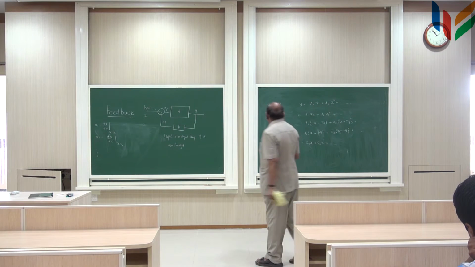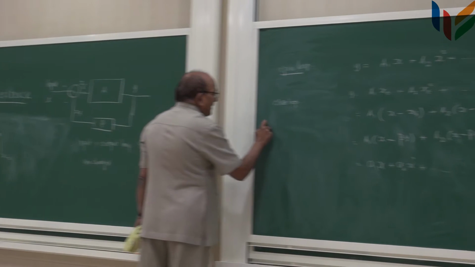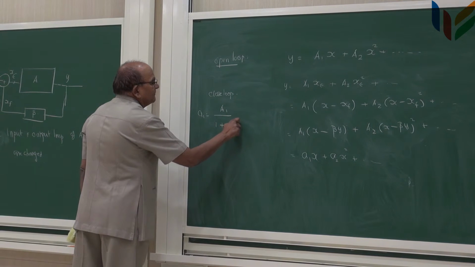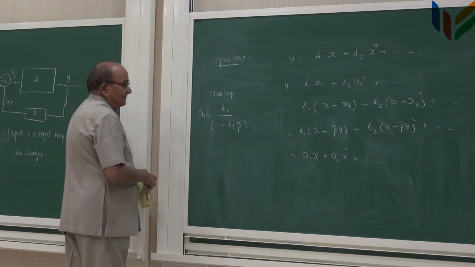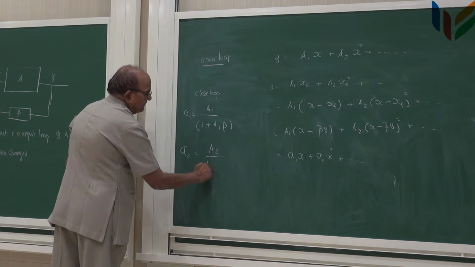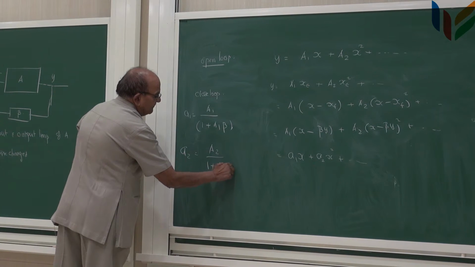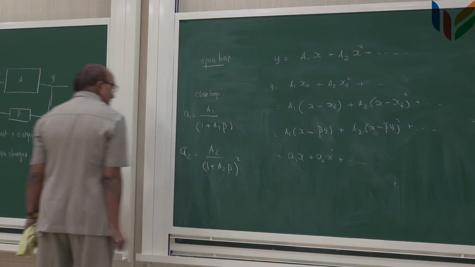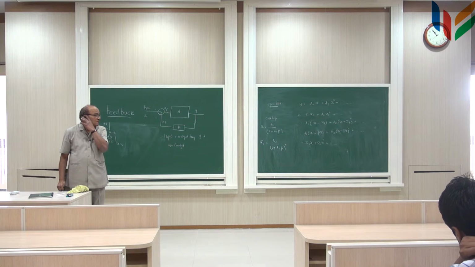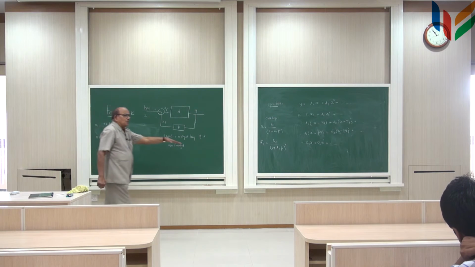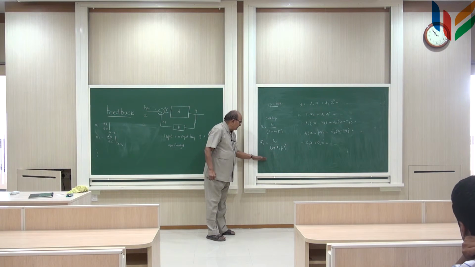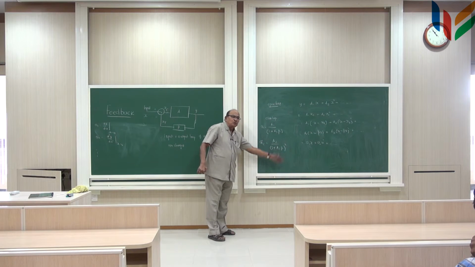And if you do this, you will get a1 is equal to A1 divided by 1 plus A1 beta, and so on and so forth. The terms may not look exactly like this, but the denominator terms will be, for the next one, cube here, and fourth power, and so on and so forth.